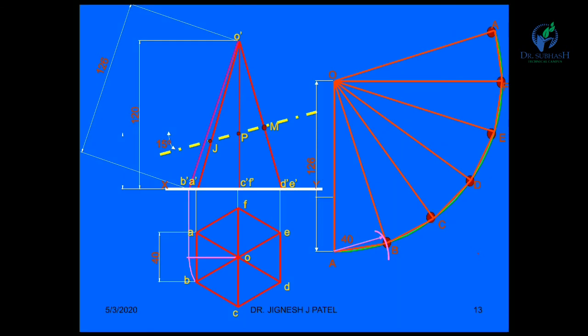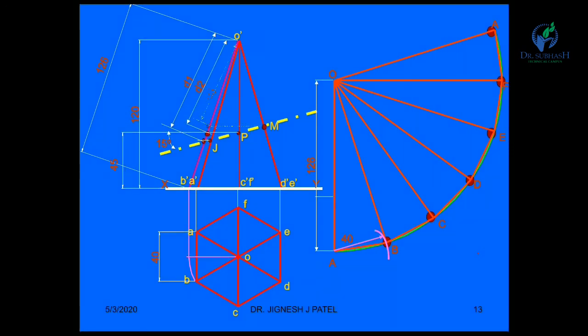Now we have to project these points P, M and J onto this development. The distance of point J is D1, and it is on A dash O dash and B dash O dash. So at a distance of D1 mark this point. Similarly the distance of point P is D2 and the distance of point M is D3.